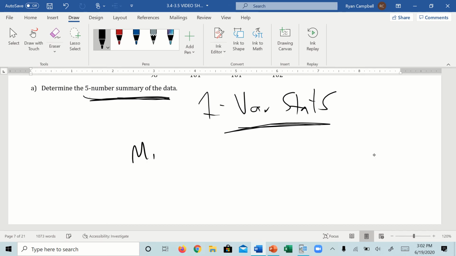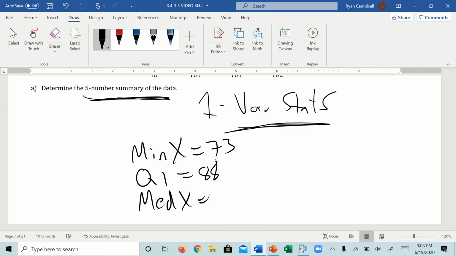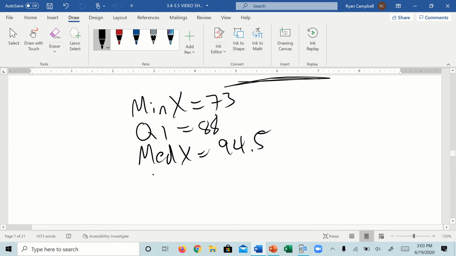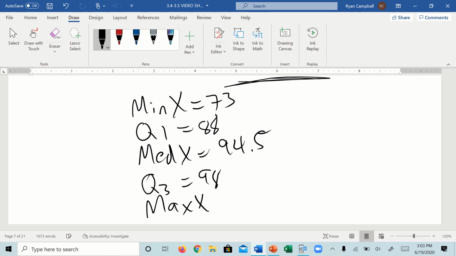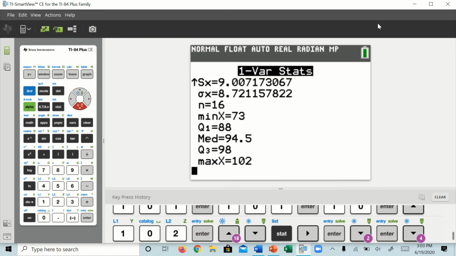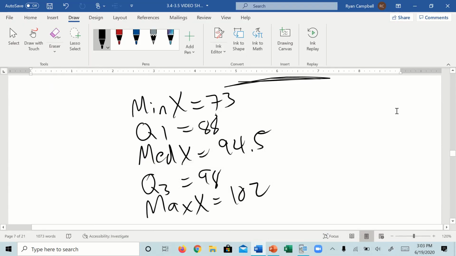So you can write, it said minX was 73, Q1 was 88, median was 94.5, Q3 is 98, and then maxX is 102, right? Or median, yeah, not minX.